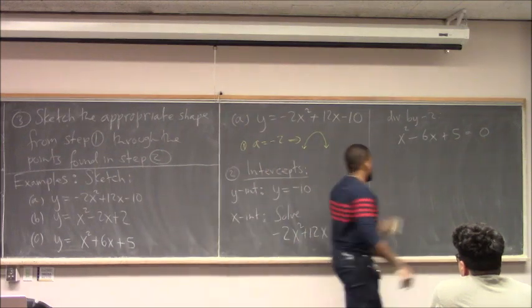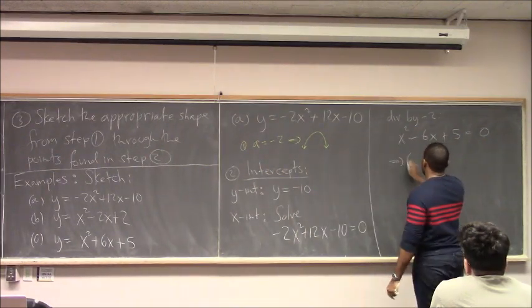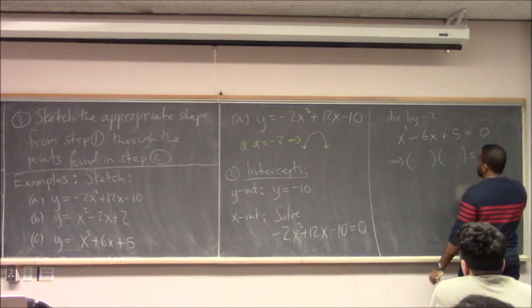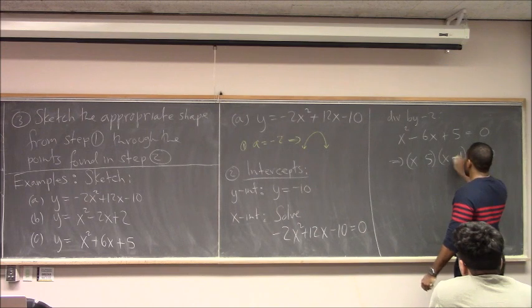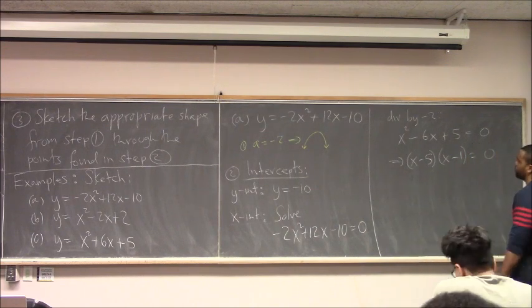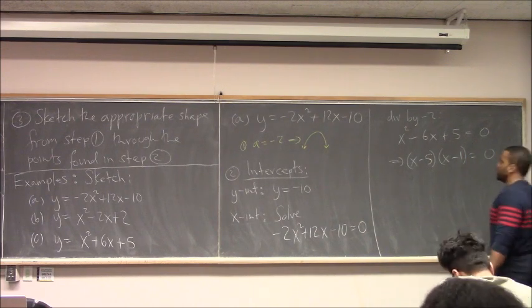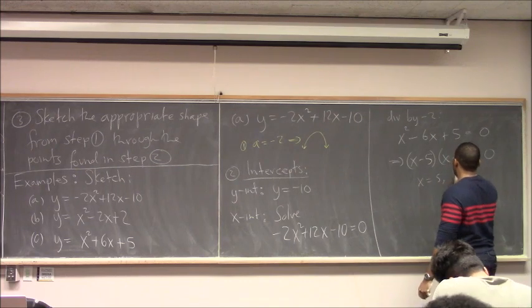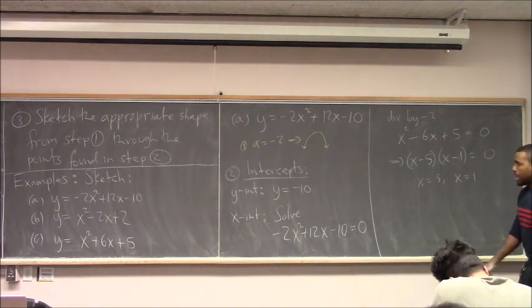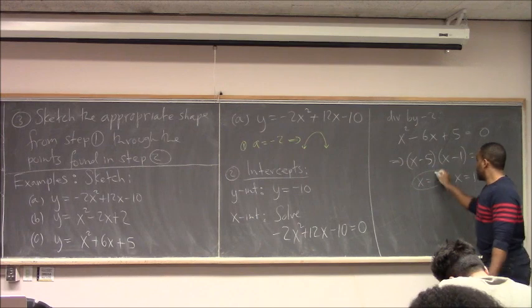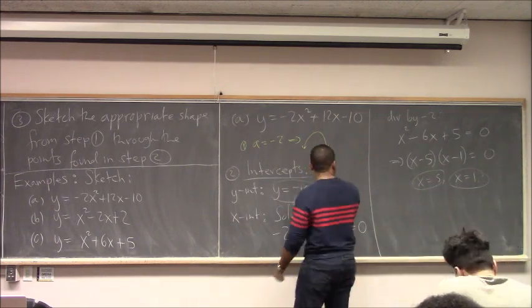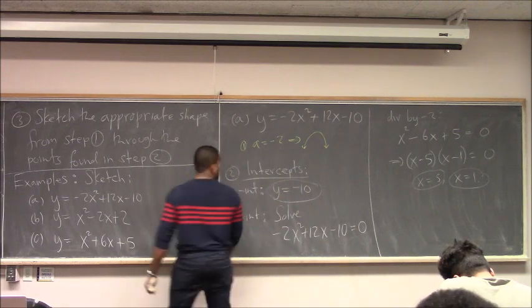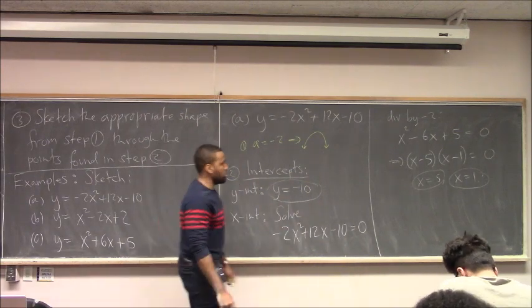Okay. Now we can solve this, which at this point should probably be no problem. We should be able to factor this. I think 5 and 1 would work, negative on each. Right? And so here you get x equals 5 or x equals 1. So now we found 3 points where it touches the x and where it touches the y. And so now we can actually sketch that. Should have left more space.